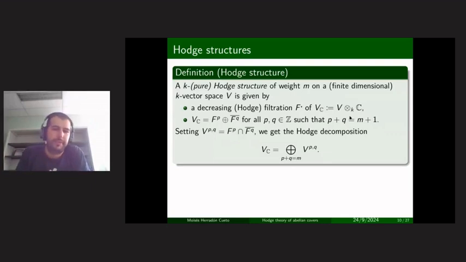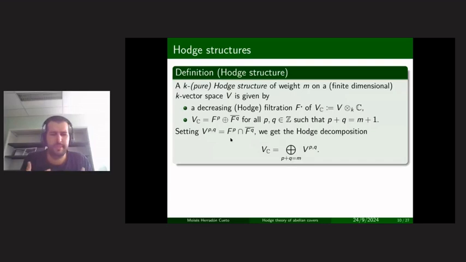And from here, you would get that this is a decomposition, which might be a definition you've seen. Often a Hodge structure is defined with a decomposition, but a filtration is the same thing because you can get the decomposition in this way. And if you had a decomposition, you would just add up the first, really the last few bits, and that would give you the filtration. It's just that the decomposition is nicer for me.